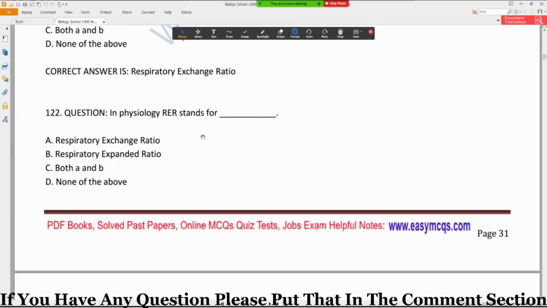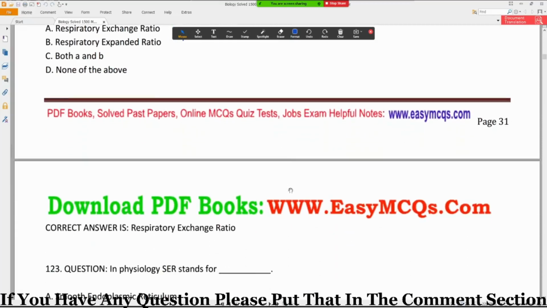In general, a mixed diet gives us an RER of approximately 0.8, but it can also exceed up to 1.0 during intense exercise. So in physiology, RER stands for respiratory exchange ratio, which is option A, and option A is the correct option.